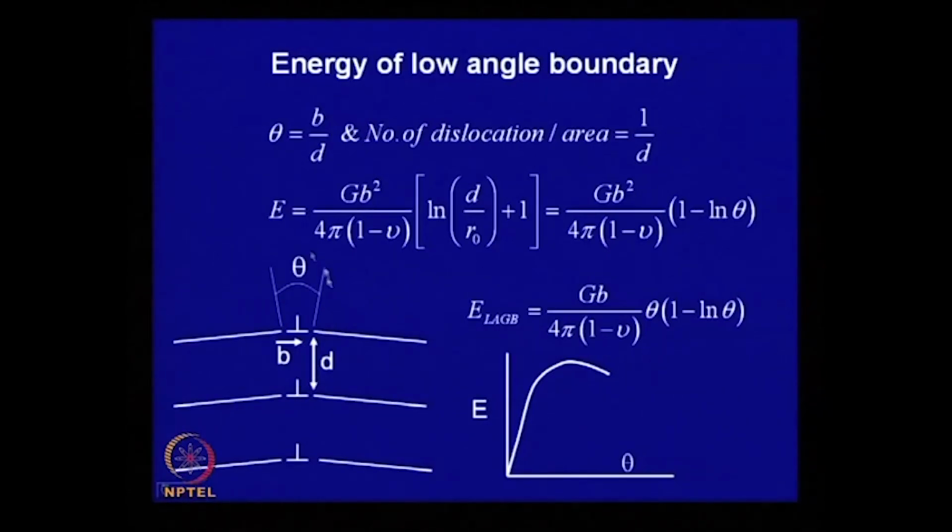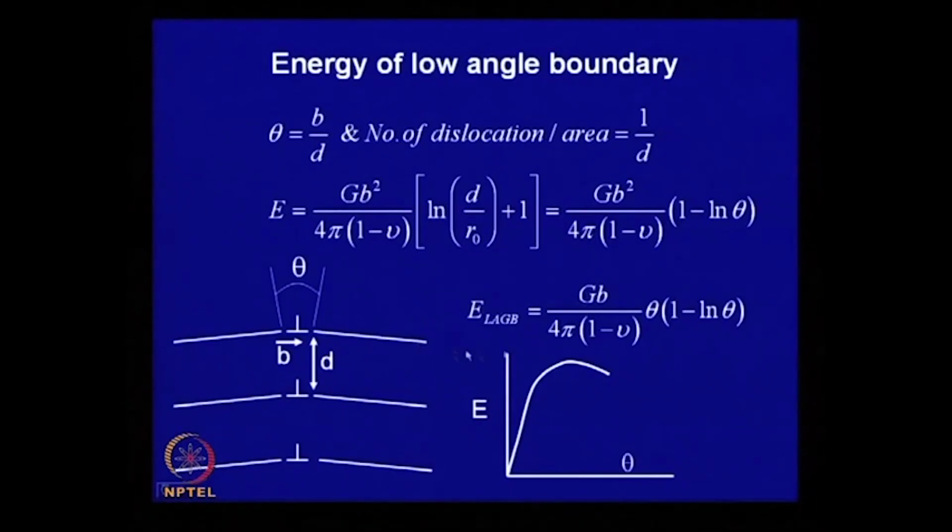In that case, the energy is given by this, and here you can substitute the value of d. So, d is b over theta. If you substitute b over theta, you get 1 over theta, and if you assume r 0 is equal to b, then you get this expression.